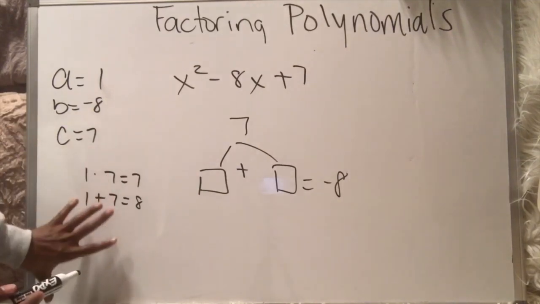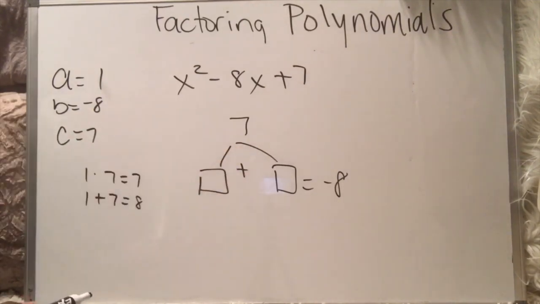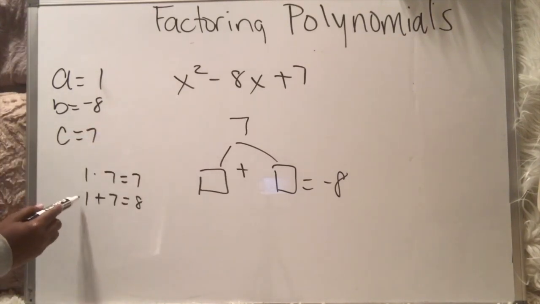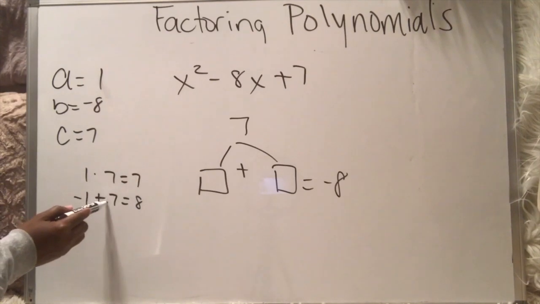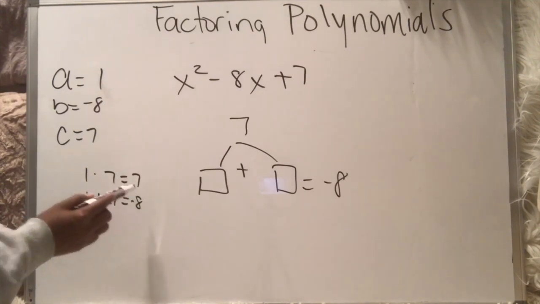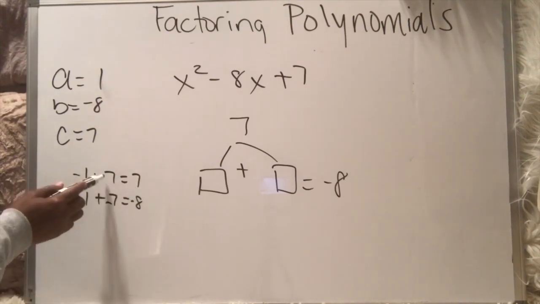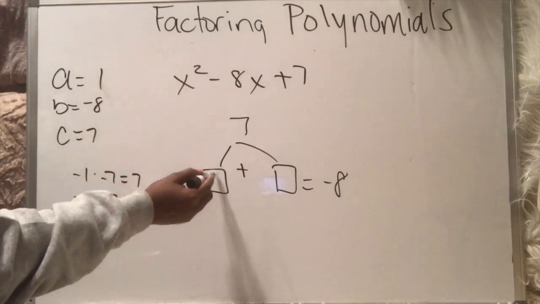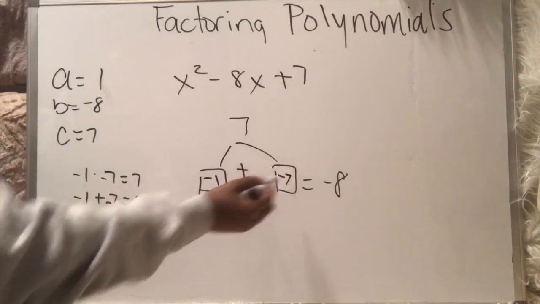So we do kind of have our numbers, we just don't have the right sign. So I'm going to play with these numbers and with the signs to try to get negative 8. Well, I know that if I do negative 1 plus negative 7, that does give me negative 8, and negative 1 times negative 7 does give me positive 7. So I'm going to go with negative 1 and negative 7.